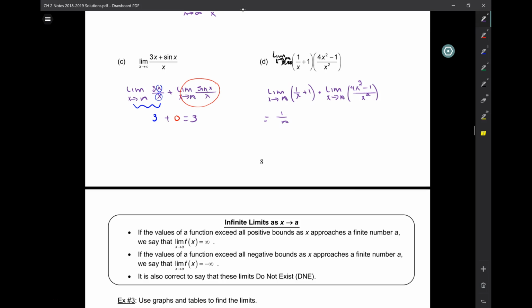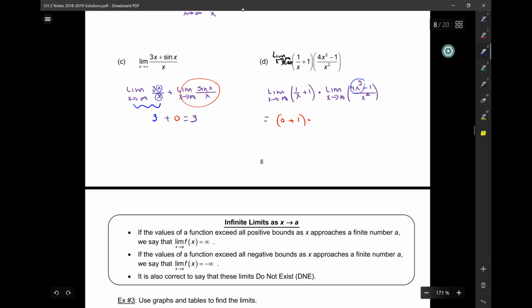No, no, no, no, no. We never write a number divided by infinity. We never write 3 to the power of infinity. No. Okay? So, this becomes 0 plus 1 times, okay, here, right?